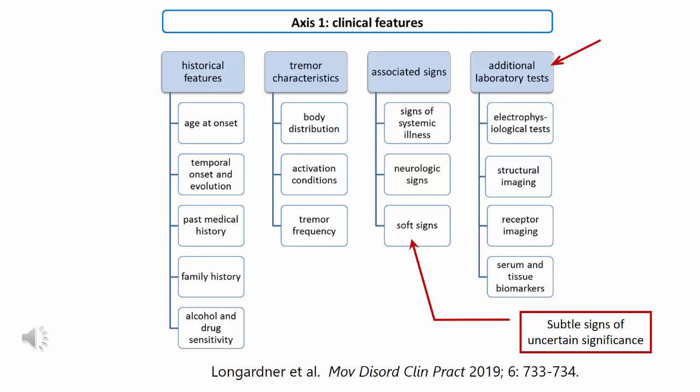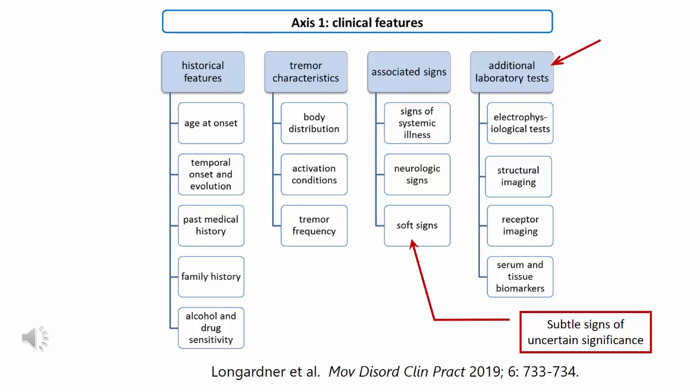The tremor classification scheme also emphasizes the concept of soft signs. Soft signs are questionable neurological signs of uncertain diagnostic significance, such as a mild head tilt or peculiar hand postures without definite evidence of dystonia.